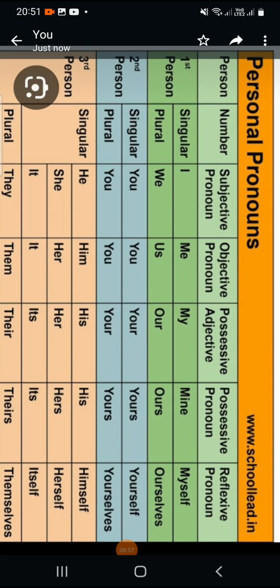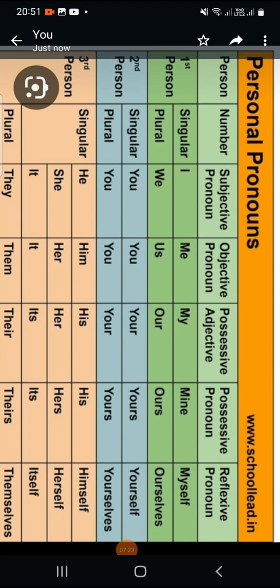So I'm repeating that before using a personal pronoun, you have to take care of 3 things. First is the 3 persons: first person, second person, or third person. Then the second thing is number: the person is singular or plural, right?